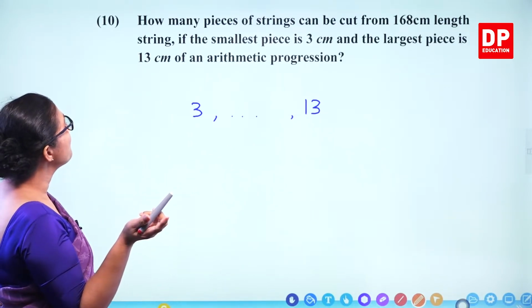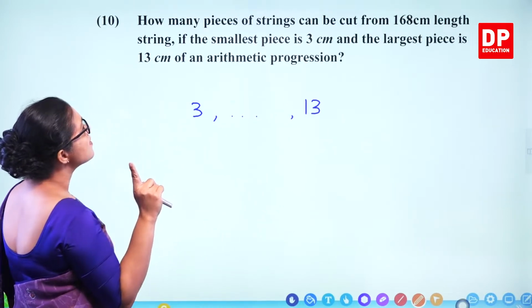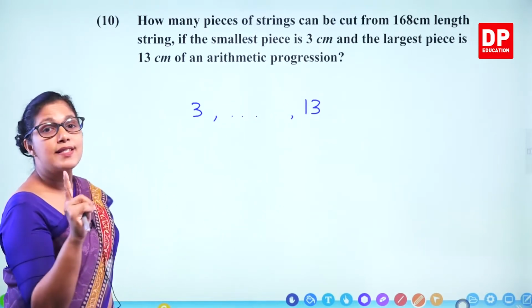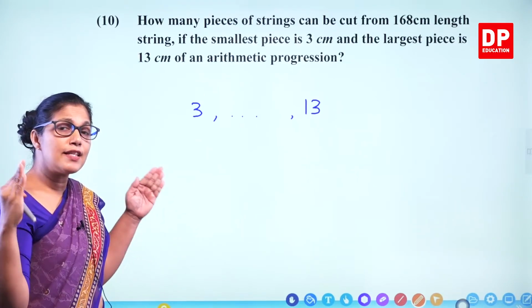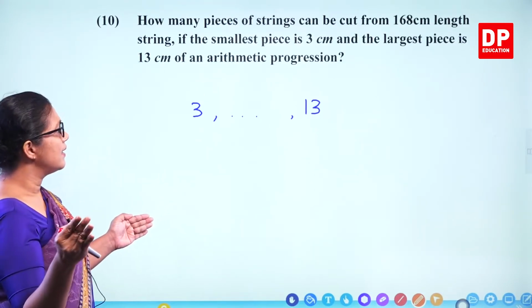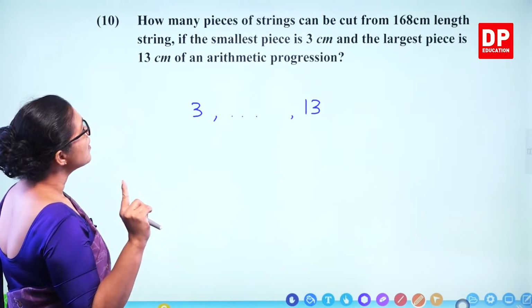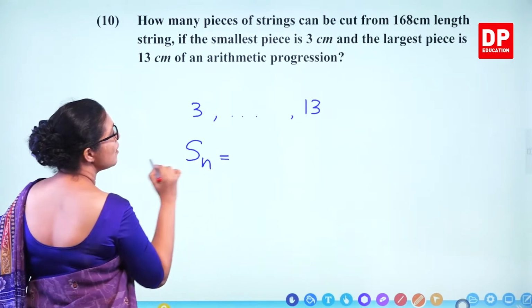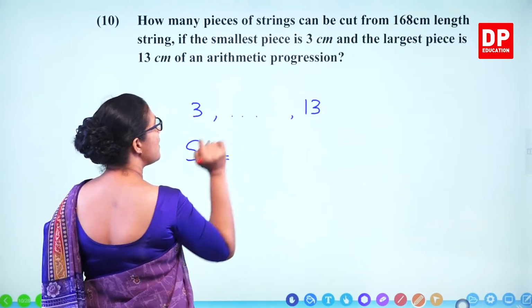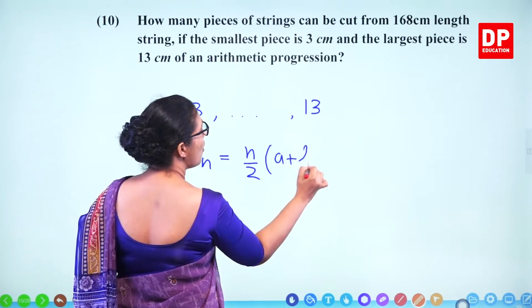We don't know how many parts we can cut from the 168 centimeter length. So 168 means the total length. So we can use the sum of the arithmetic series formula. Sn equals, we know the first term and the last term, n over 2 times a plus l formula.